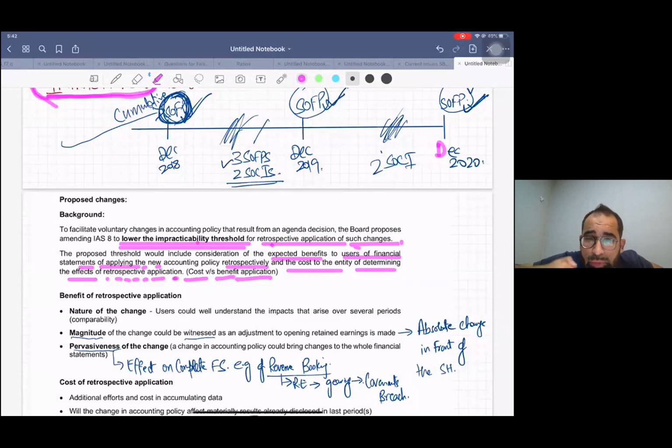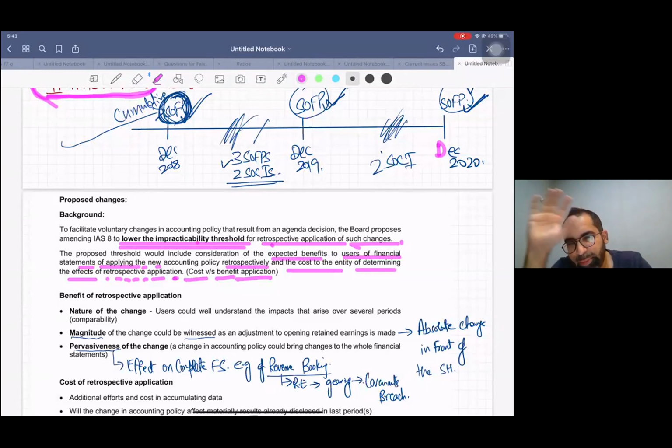But the revised IAS 8 is going to say this: first check the benefits and cost of the retrospective application, and if, listen to me, benefits are higher than cost, then go for retrospective, otherwise no need.